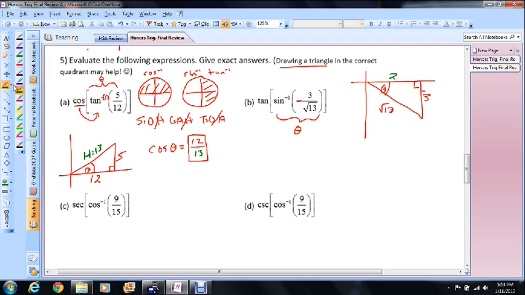So what do I have here? I have the tangent of theta equals opposite over adjacent. So I have negative 3 over 2. And that's my final answer.